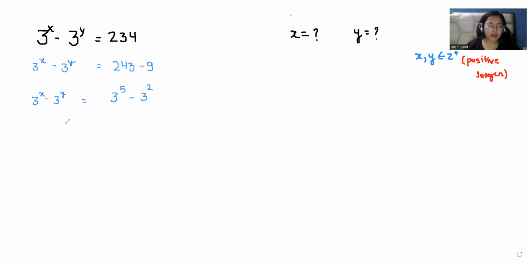So if I compare 3^x with 3^5, the value of x is 5. And if I compare minus 3^y with minus 3^2, the value of y will be 2. That's how you can find the values.